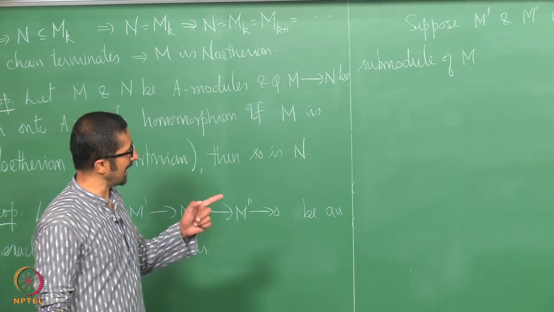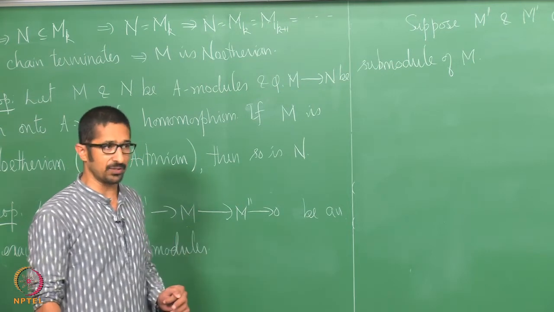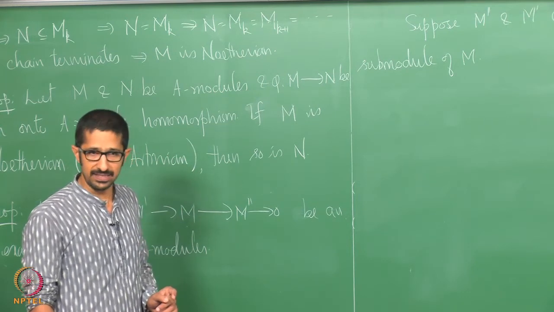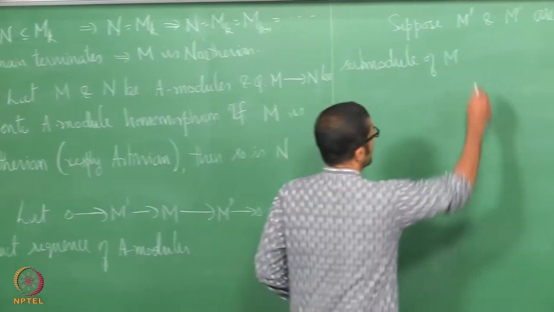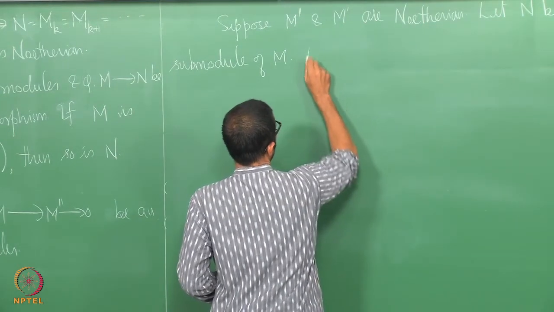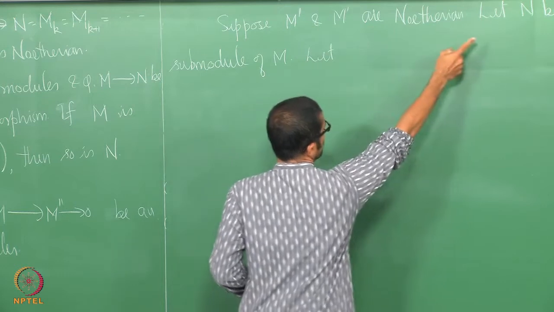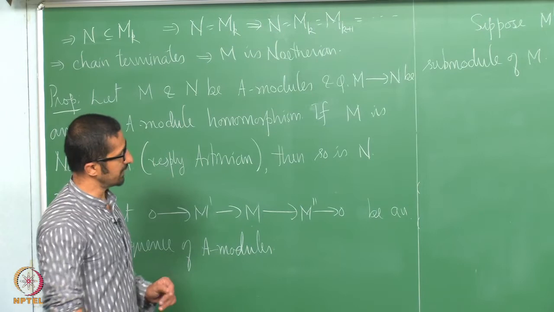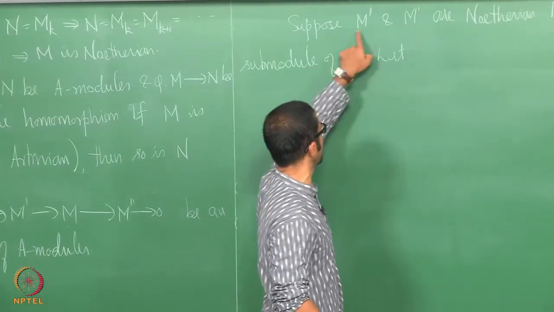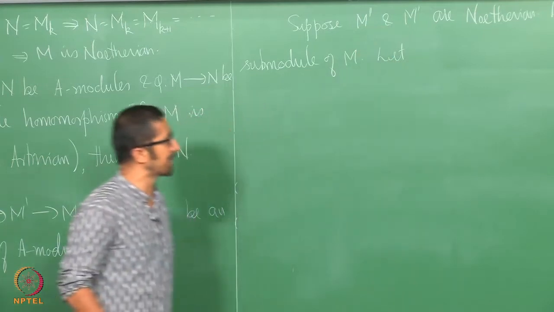I know that M' and M'' are Noetherian. Now, we do not know anything about N. How do we bring in these two, using N, how can we get some submodules of M' and M''?